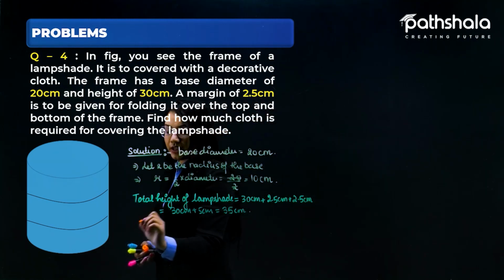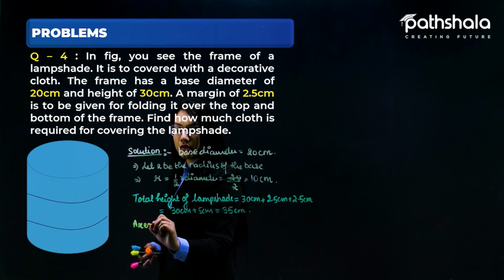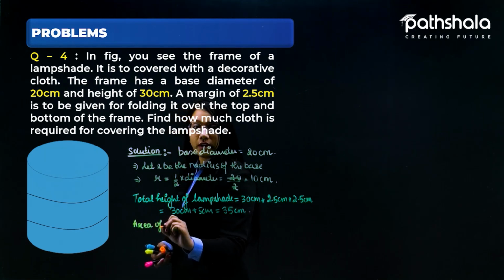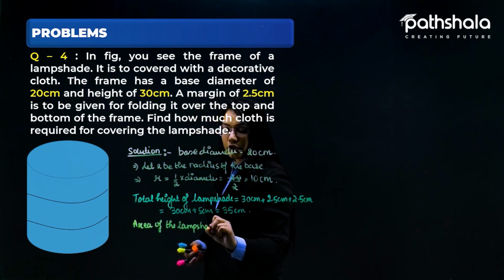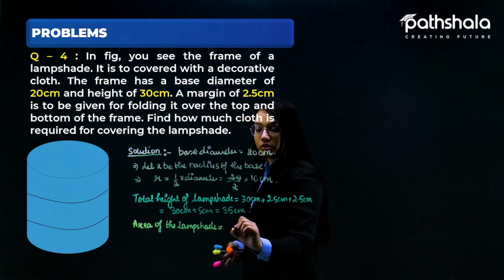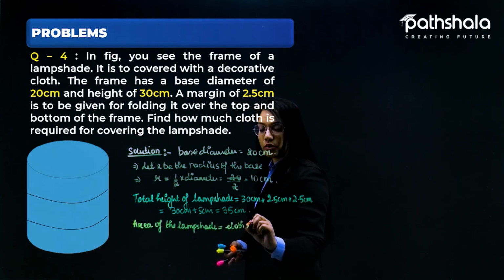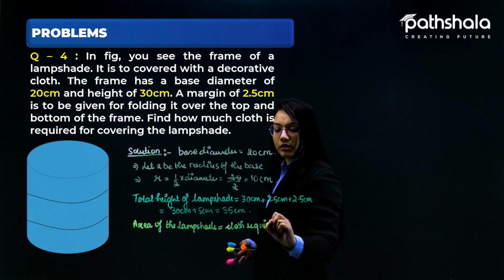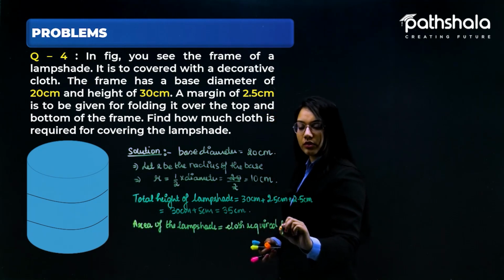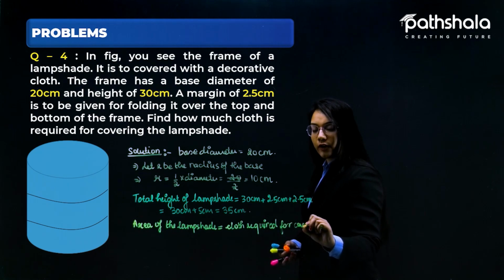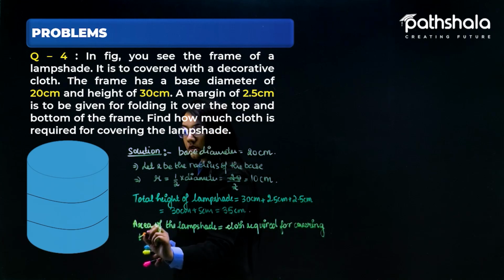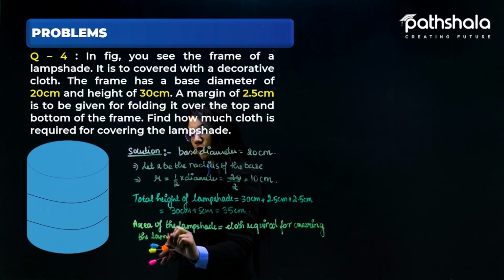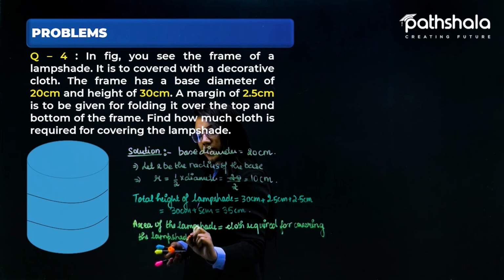So the area of the lampshade should be equal to the cloth required for covering the lampshade.